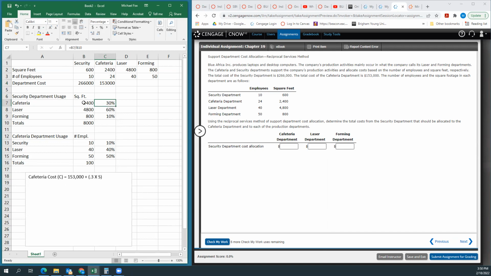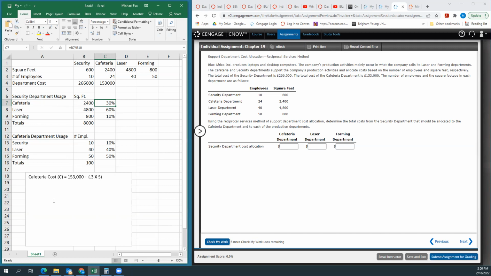That's because the cafeteria uses 30% of the security costs. So the formula to find the cafeteria cost is 153,000 plus 0.3, or 30%, times S, which is the security department cost.